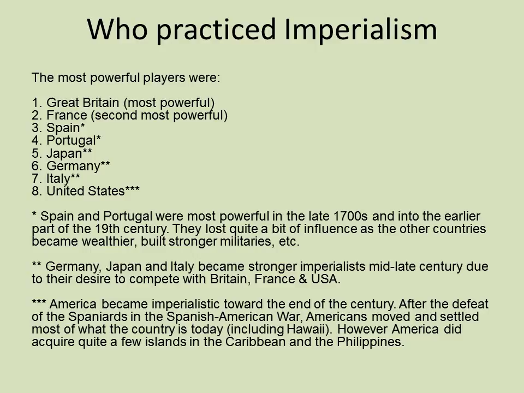Something that you should be aware of going forward: Japan, Germany, and Italy will come late to the game in terms of imperialist tendencies, and by that point most of the world had been conquered by Great Britain and Spain and France, and so there was very little for them to take, and that could be seen as we'll see later, as causes of both the First and Second World Wars.